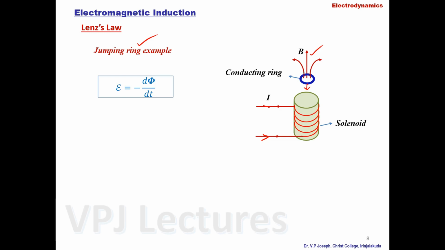So this ring suddenly escapes from this region, depending upon the number of turns of the solenoid or the strength of the magnetic field. That is called the jumping ring experiment. By making use of this also, we are able to demonstrate Lenz's law.